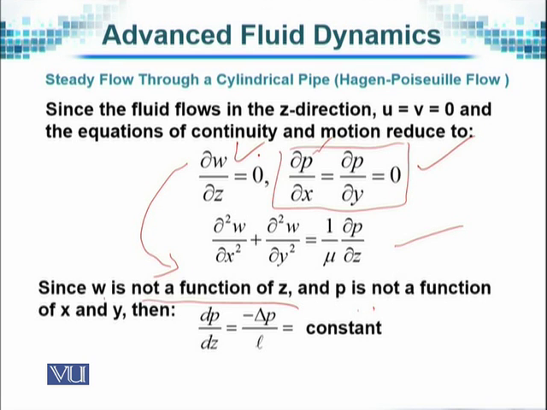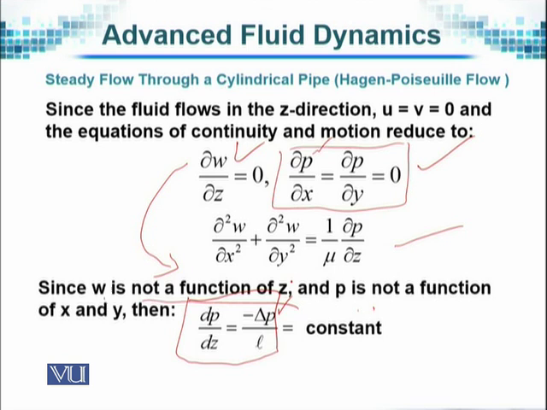Hence, we can write down the results in the following manner: we can choose dp by dz to be equal to some pressure difference, of course, that exists in the fluid flow motion.